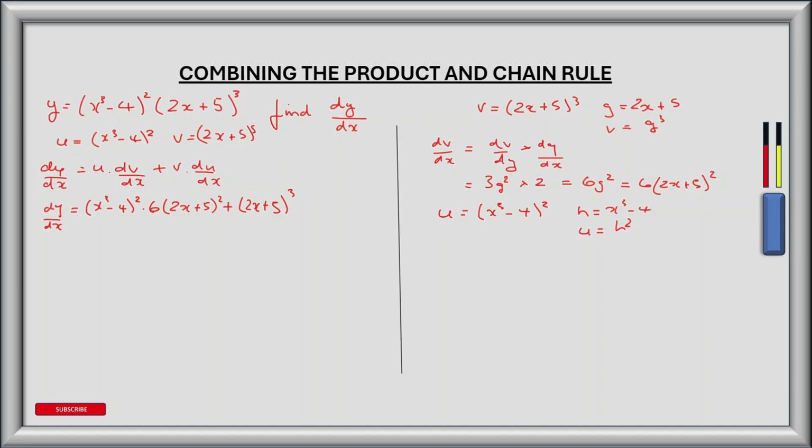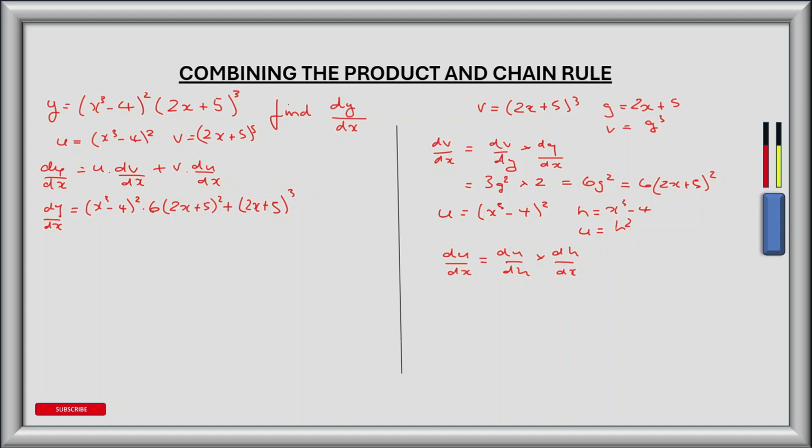So applying the chain rule, we have du by dx is equal to du by dh multiplied by dh by dx.